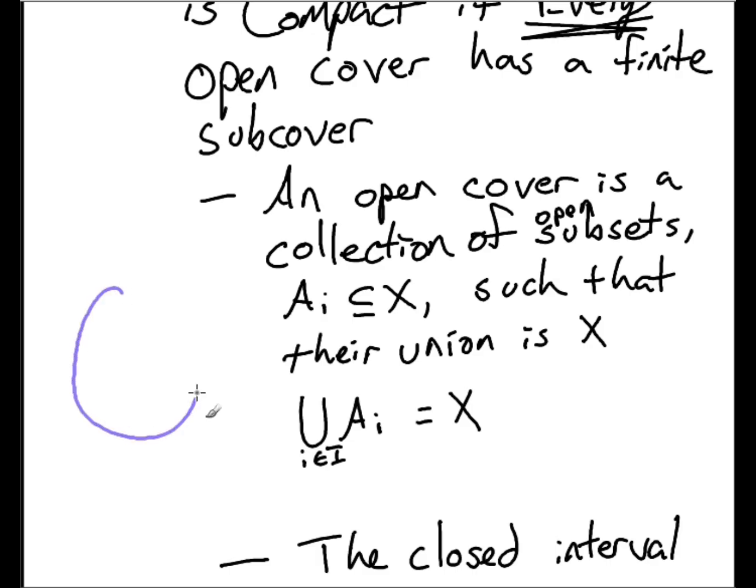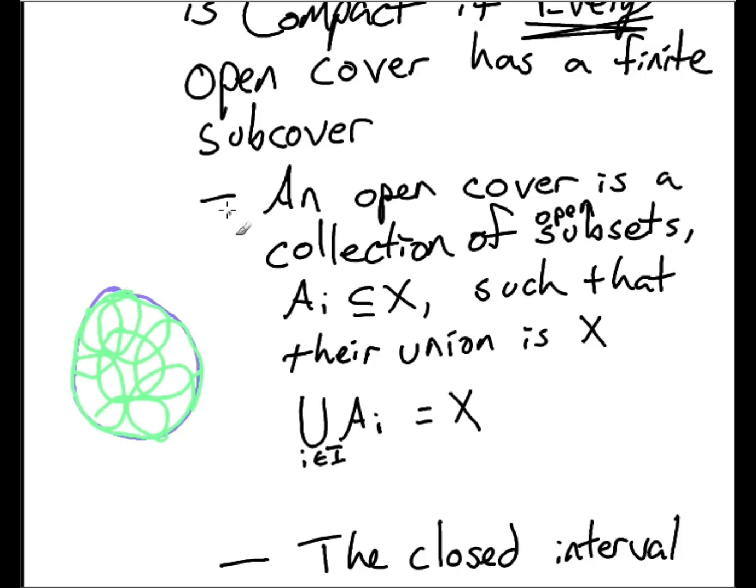So if I have this topological space X, and I have a collection of open sets, here's some open set, and here is a different open set, and here is a different open set. If I continue doing this and cover the entire topological space, then this is an open cover of my topological space, and then one in the middle for good measure. Those green circles that I just drew cover this, and their union is the entire space.